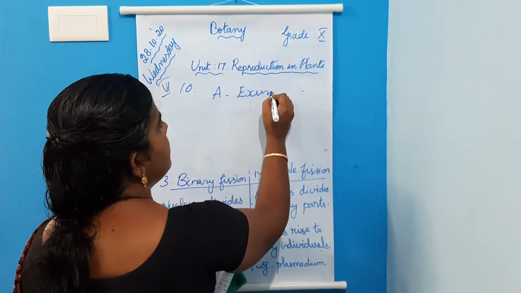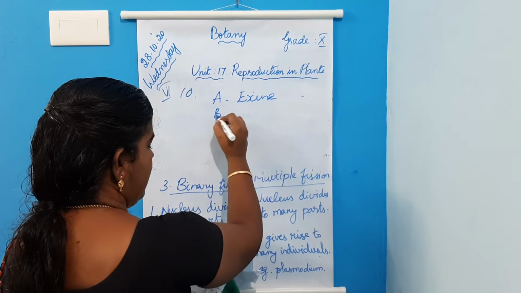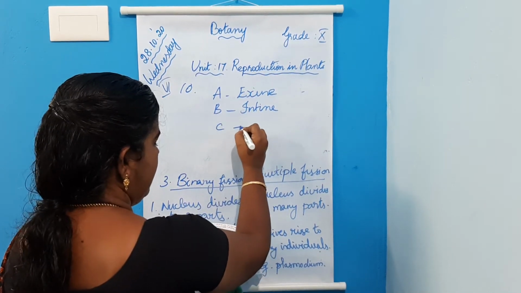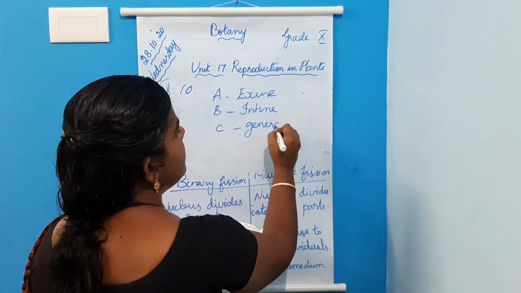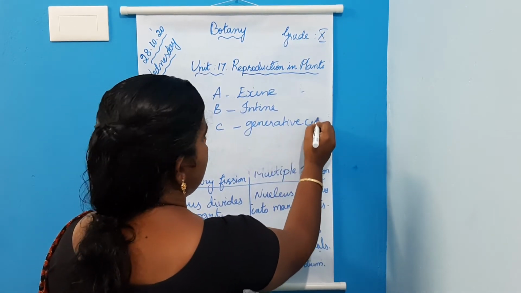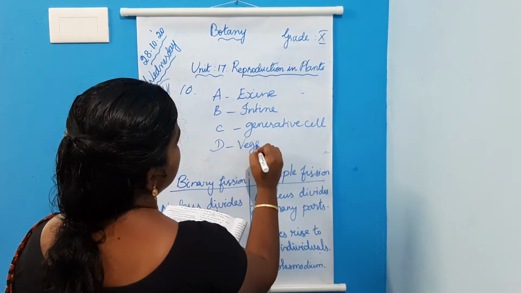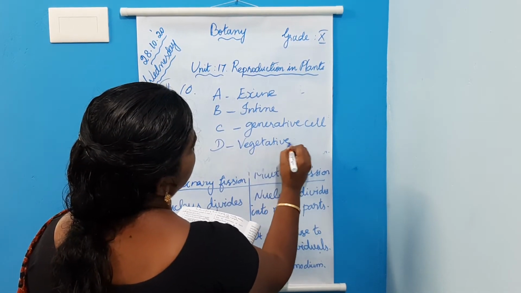Exine, right? A, exine. B, intine. C, generative cell. And D, vegetative nucleus.